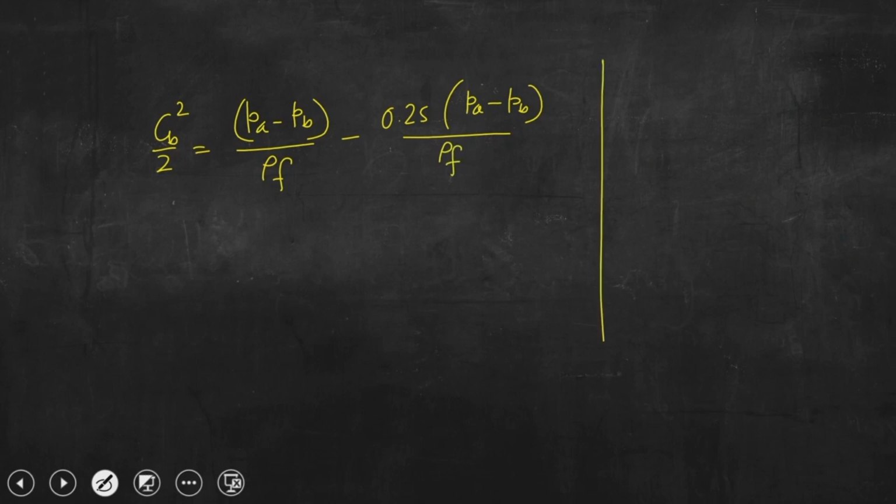Let me tell you, this delta H can be written as rho f into G into delta H divided by G into delta H, that would be written rho f, right.